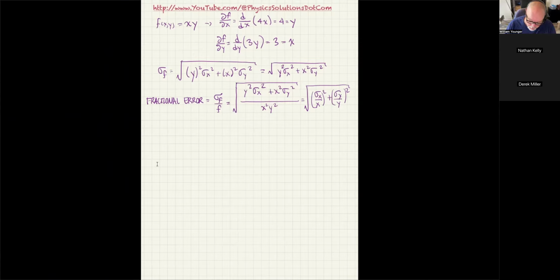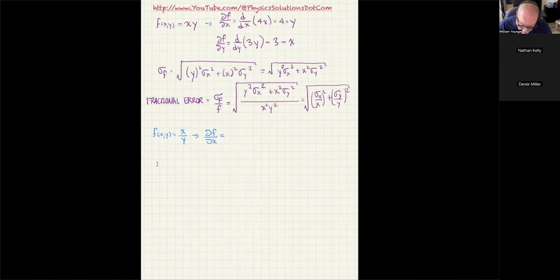And let me show you why it's big. If we do the exact same calculation for a slightly different function, let's say f of x, y is equal to x over y, then the partial of f with respect to x is, I'm not going to use the training wheel method here.